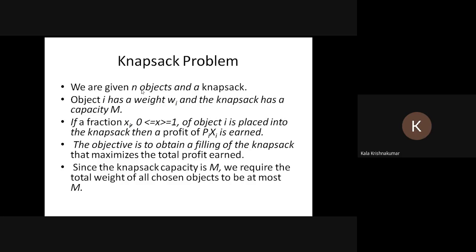In a typical knapsack problem, you have n objects and a knapsack. We have n objects, and each object i has a weight wi, and the knapsack has a capacity m, which means the knapsack can contain only objects with a total weight of, for example, m kg.